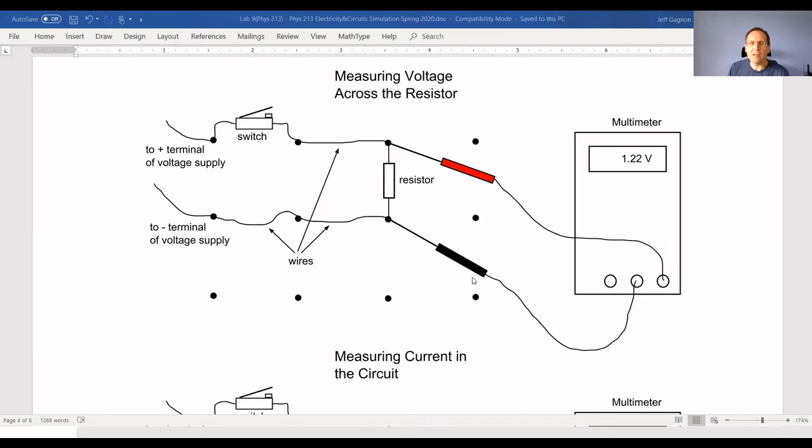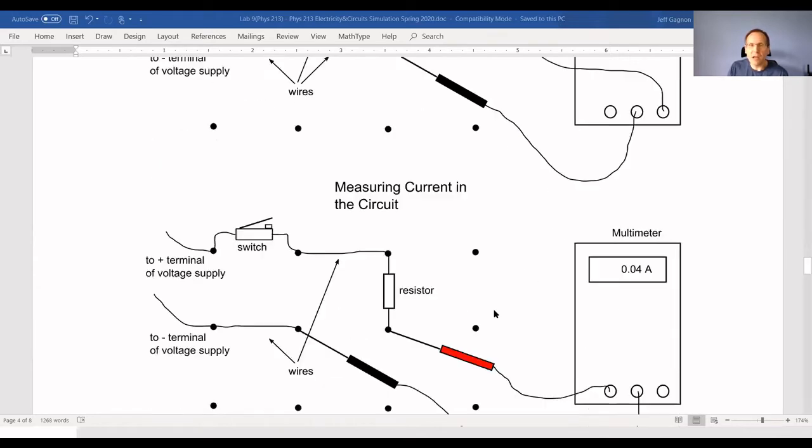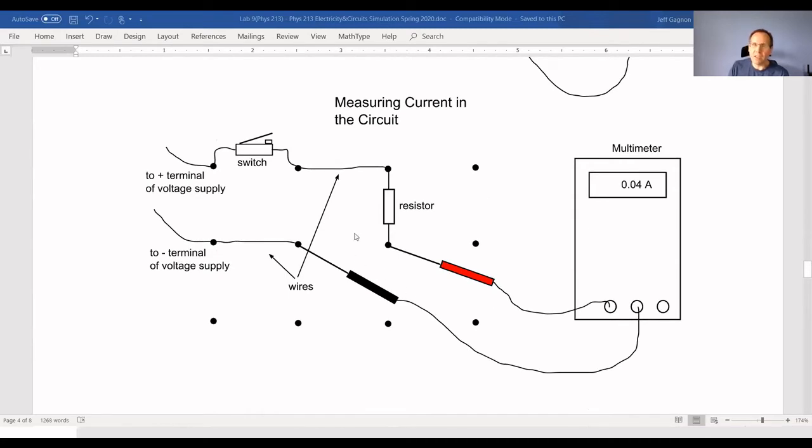Now current, the multimeter has to become part of the circuit. So it's going to be in series with the circuit itself. So to measure current, you have to break the circuit. By breaking the circuit, I mean like remove a wire. Make sure the multimeter is set up to measure current.